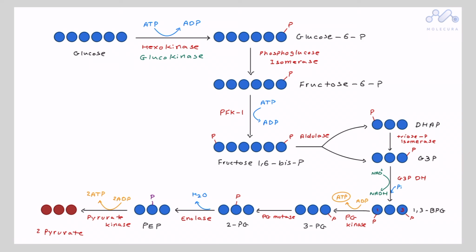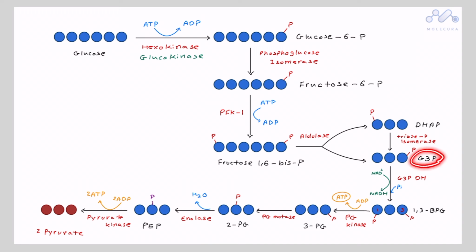The next step is going to involve an enzyme that is a dehydrogenase, glyceraldehyde 3-phosphate dehydrogenase. Dehydrogenase is an enzyme that is catalyzing a redox reaction, which means our glyceraldehyde 3-phosphate is getting oxidized.